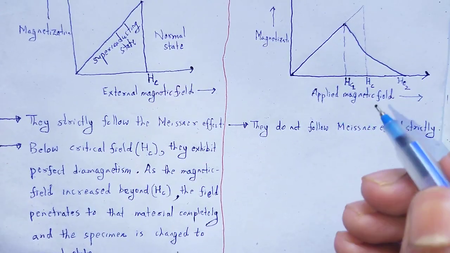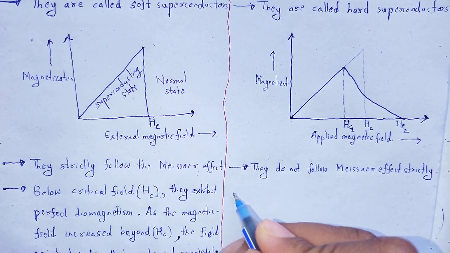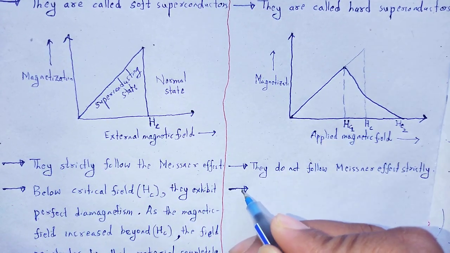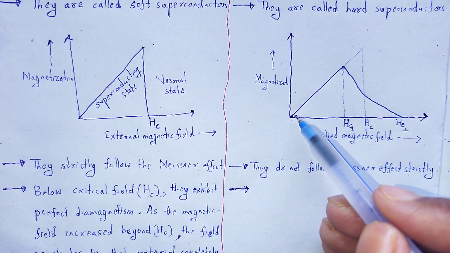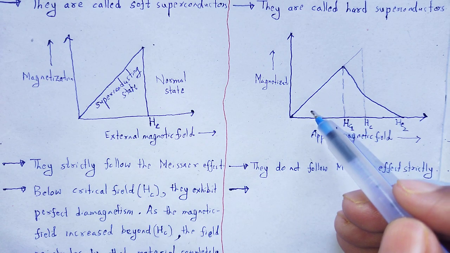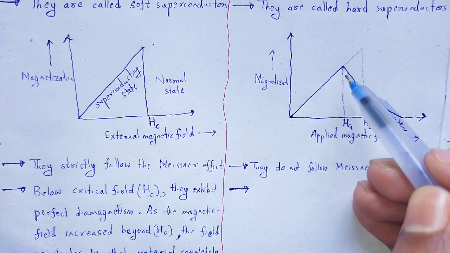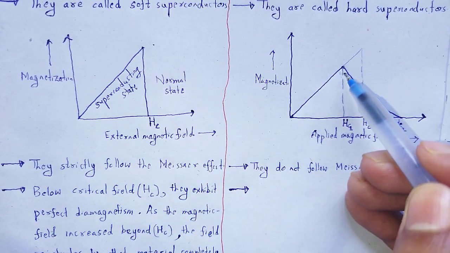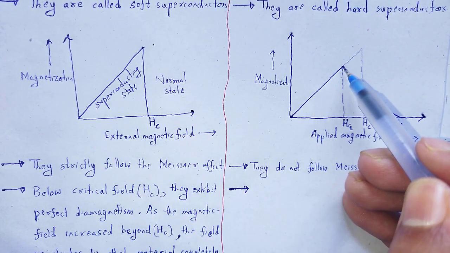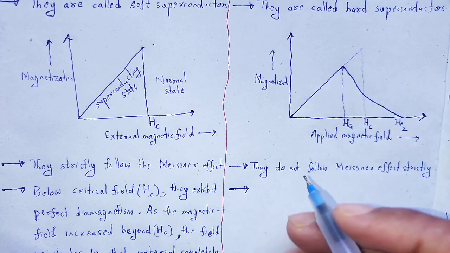But in case of type 2 superconductors, we explain that graph. They exhibit perfect diamagnetism up to Hc1. In that region there will be the superconducting state, and they have perfect diamagnetism in nature.